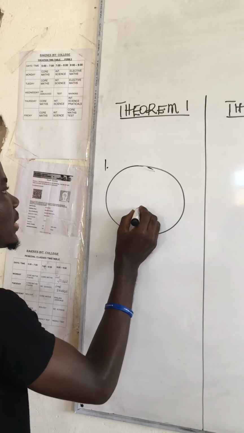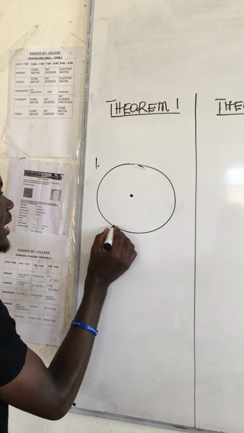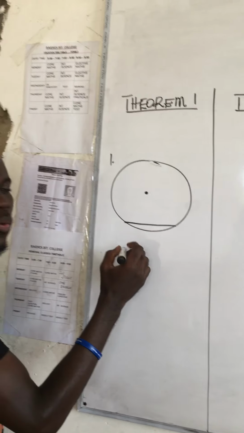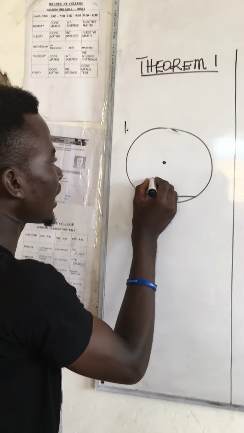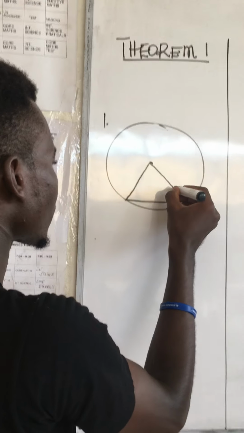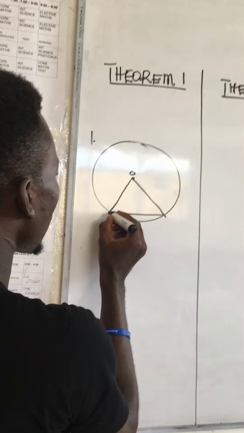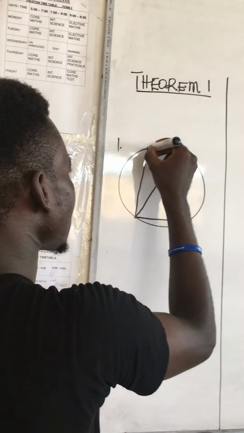So this is our center, and a chord is drawn below. So this is our chord. This chord forms an angle at the center here, and this is our O. Then this same chord again forms another angle at the circumference.